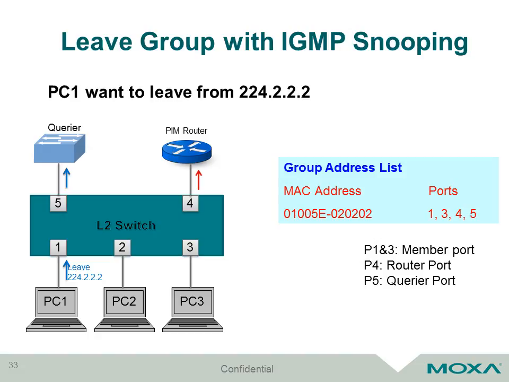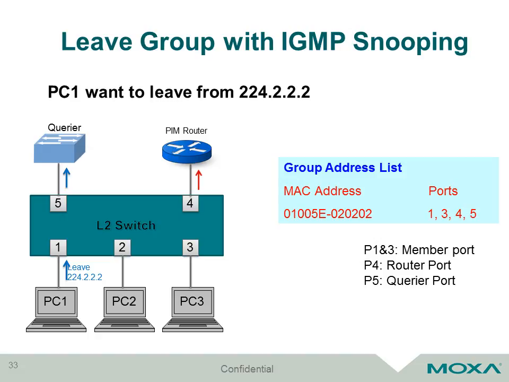IGMP V1 does not have a leave packet, so the only way is waiting for the timeout. In IGMP V2 and V3, the host sends out the leave packet. After the querier receives the leave message, it will send back a specific member query to all the hosts on the same group.